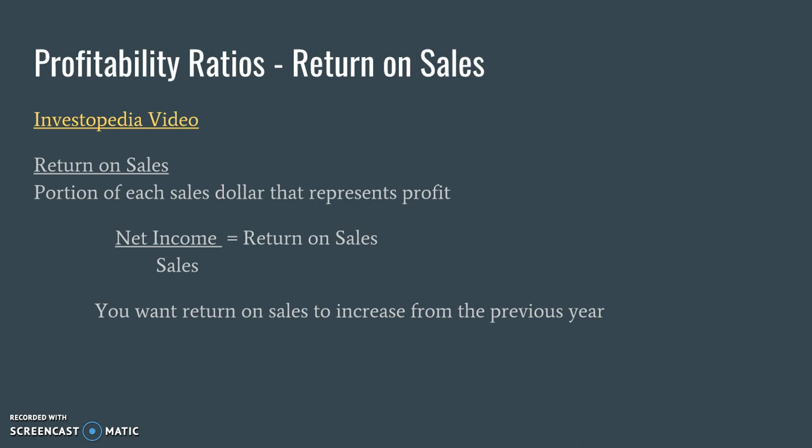Return on sales is a calculation that is done by taking our net income and dividing it by our sales. That is going to give us the percentage of what we get for return on our sales. Return on sales is a portion of each sales dollar that represents profit. So you want the return on sales to increase from the previous year. So that would encourage growth. That also is going to encourage increased revenue, as mentioned on the previous slide.